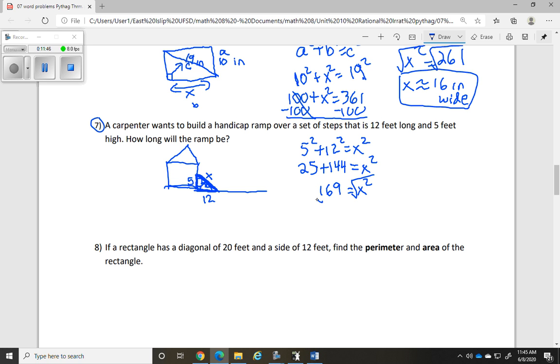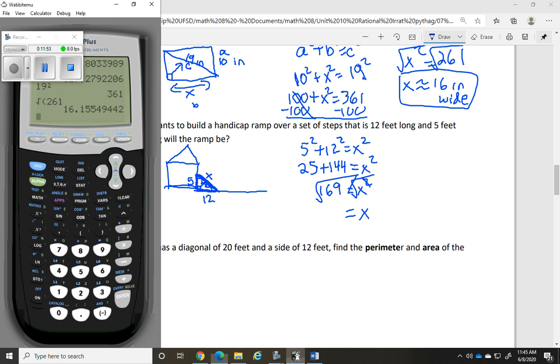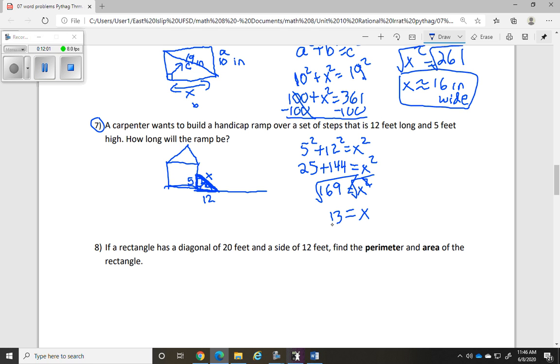Square root both sides. Square crosses out the square root. X is the square root of 169, 13. Turned out to be a whole number.